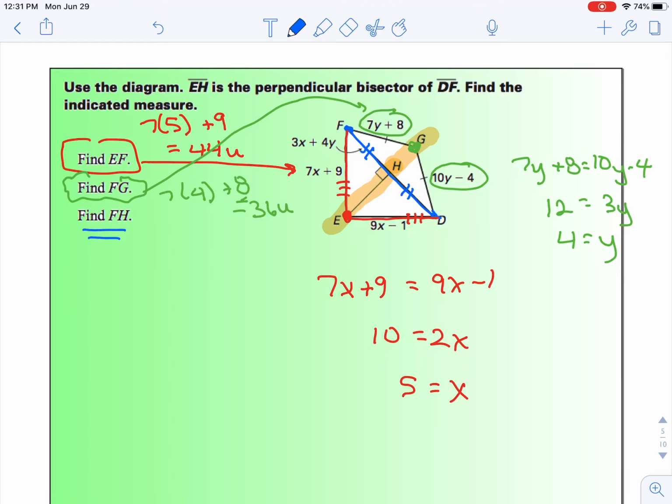I can find FH by plugging in the x and the y. I know FH is equal to 3x plus 4y, and now that I know x is 5 and y is 4, I can substitute those in, and that gives me 15 plus 16, or 31 units.